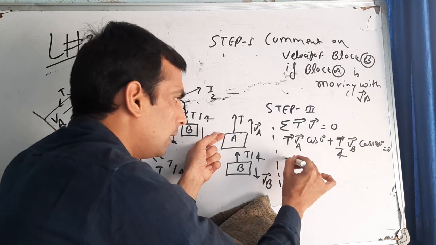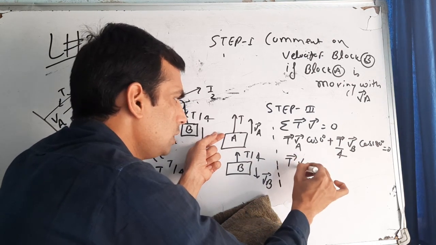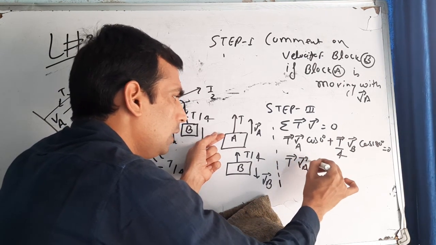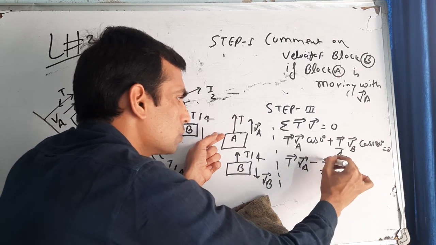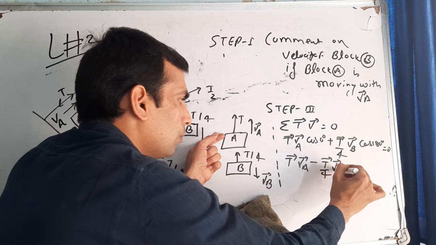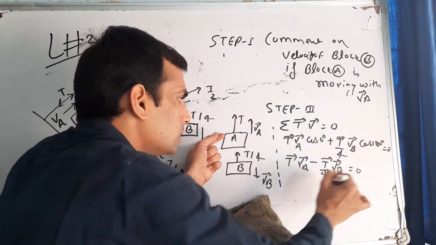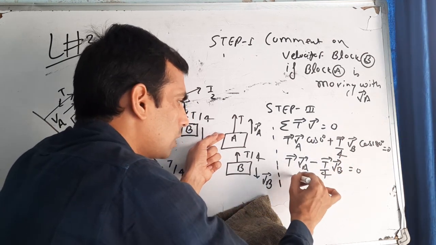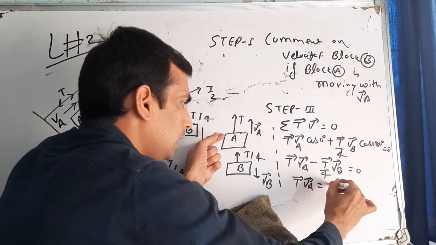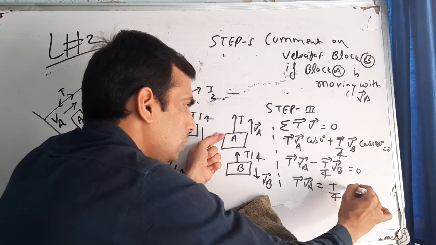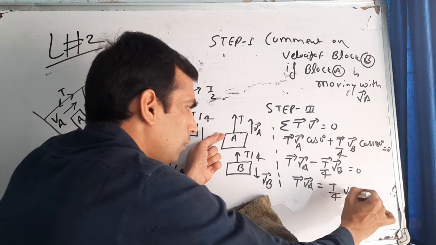Cos 0 is 1, so T into VA minus T upon 4 into VB equals 0. Now equate both sides: T into VA equals T by 4 into VB.